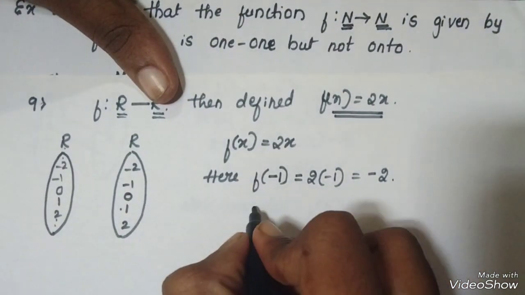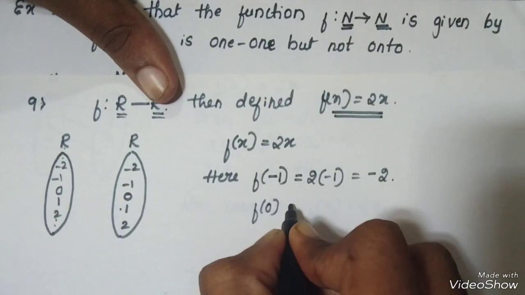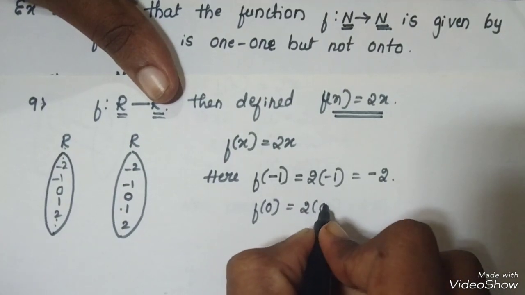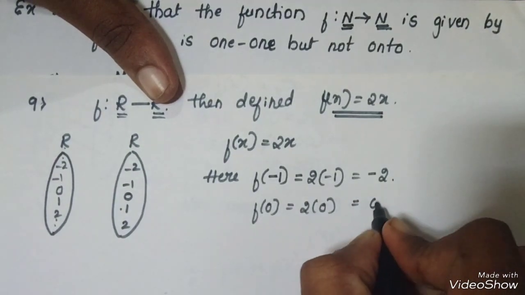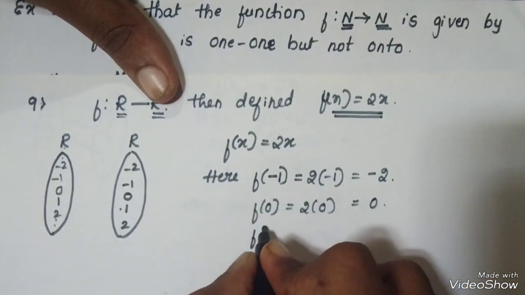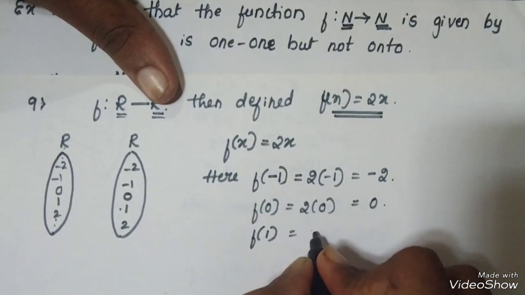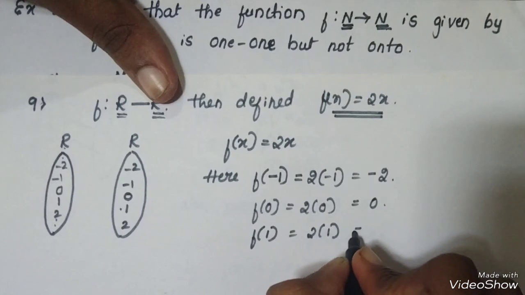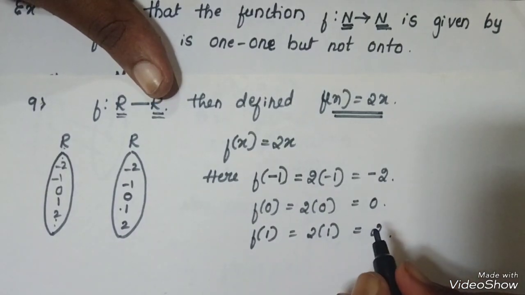Then I will consider 0: 2 into 0 is 0. And I will take 1: 2 into 1 is 2.